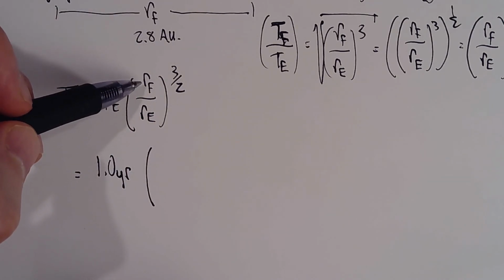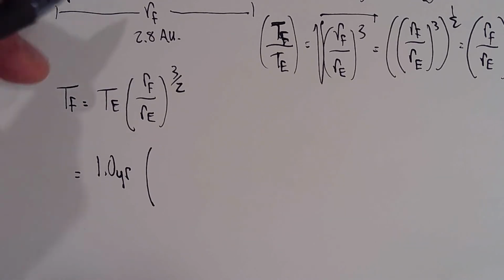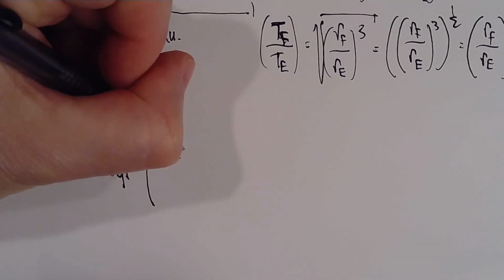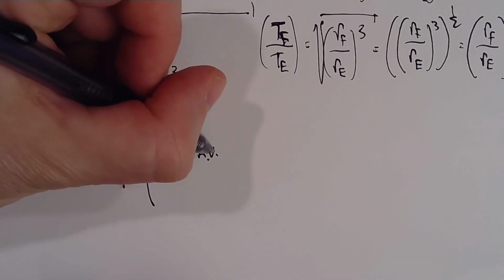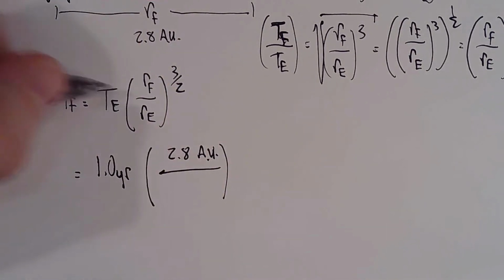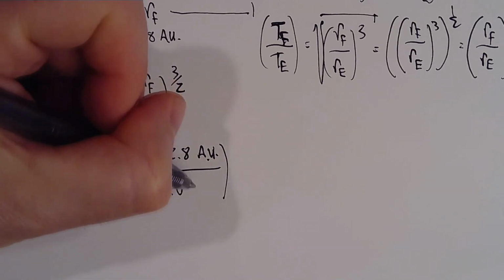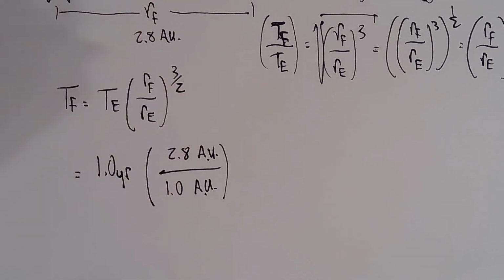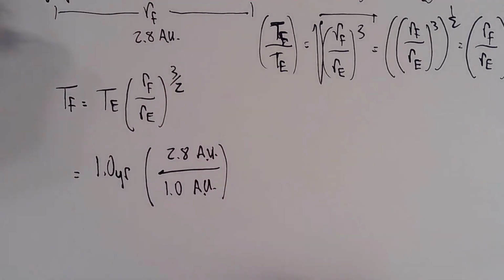Orbital radius average of Frank is 2.8 AU. Orbital period of the Earth, 1.0 AU, to the 3/2.